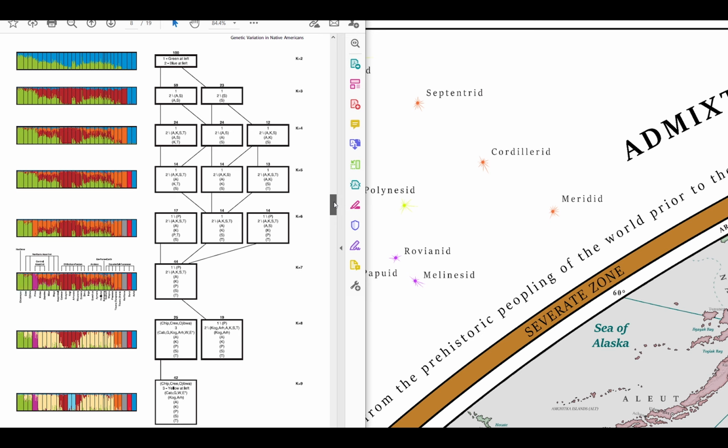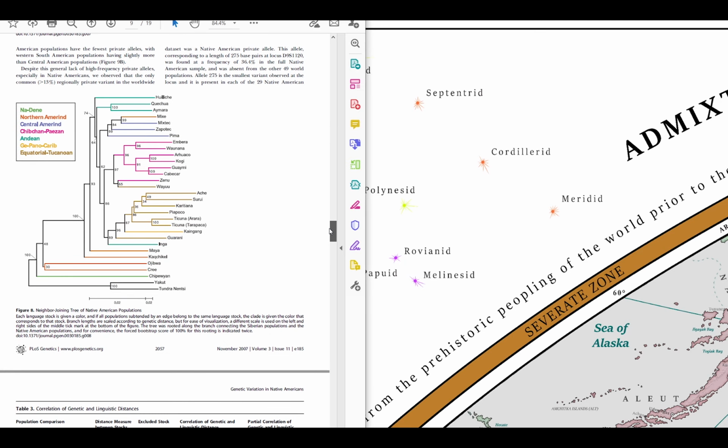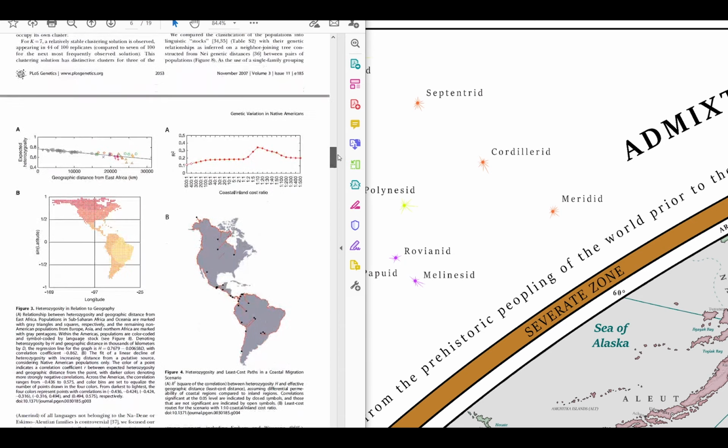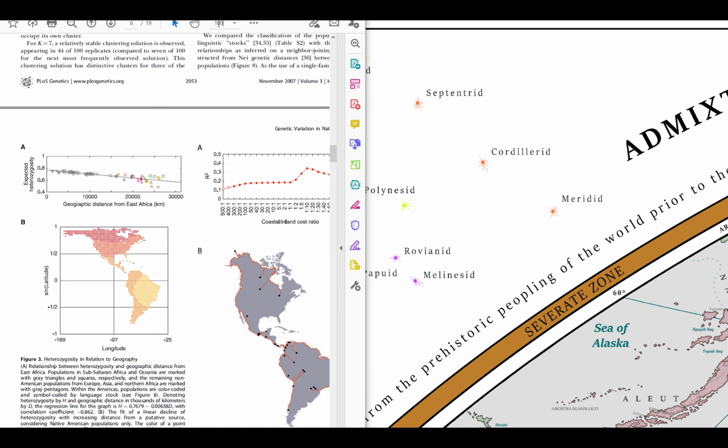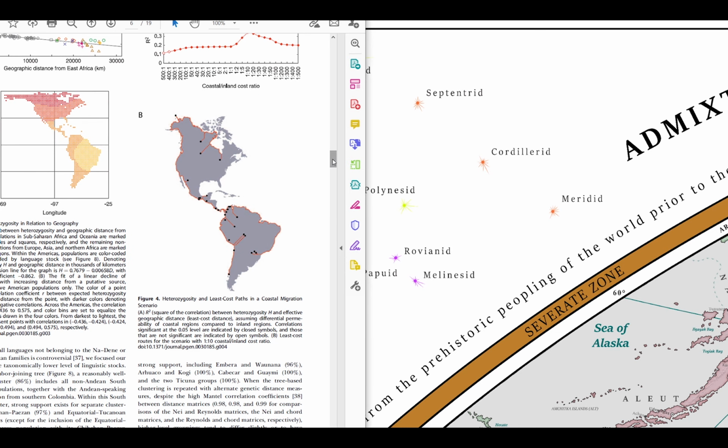But really, if you look at just the Americas, when they do this kind of K equals 5, K equals 7 or whatever, there's diversity within that. And that suggests, or lends itself to, very interesting migration hypotheses, like how humans followed glaciers, or followed the coast, or how humans first thrived in the Amazon. So there's this one, Meridid.